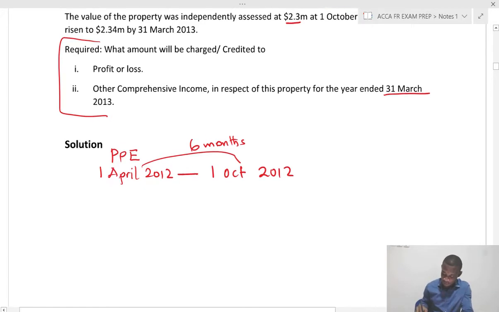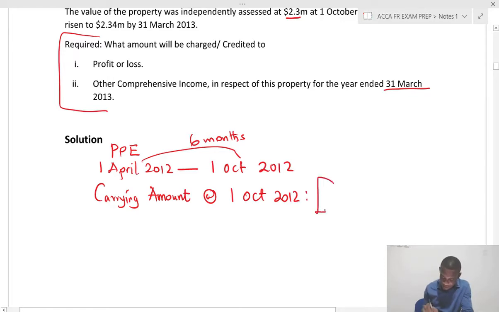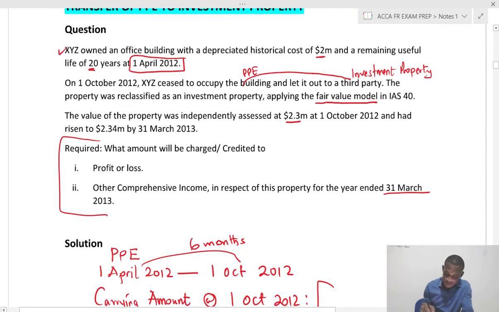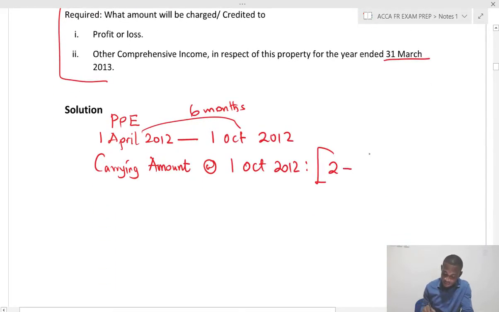So it means that we need to look at the carrying amount at 1st October 2012. This should be the depreciated historical cost, 2 million at 1st of April, less the 6 month depreciation, which should be 2 over 20 times 6 over 12.